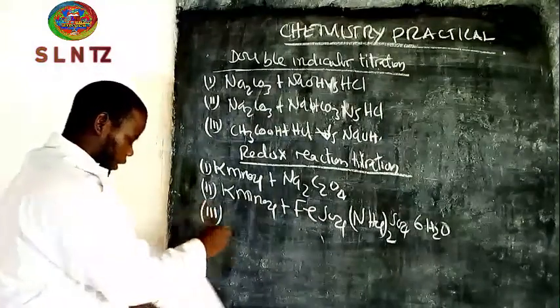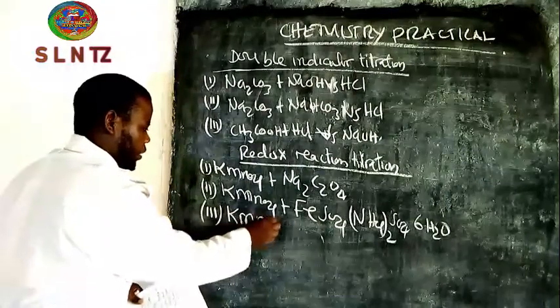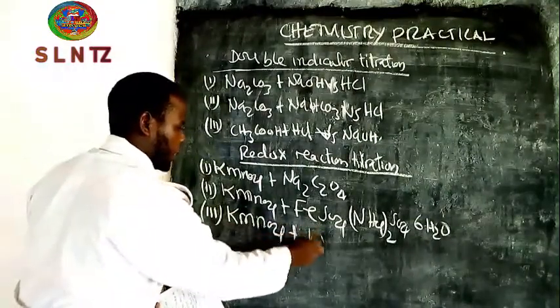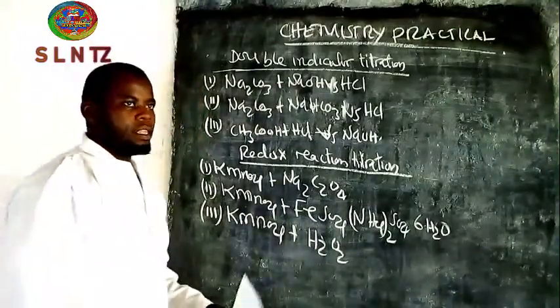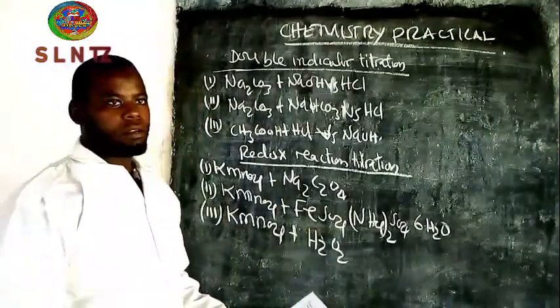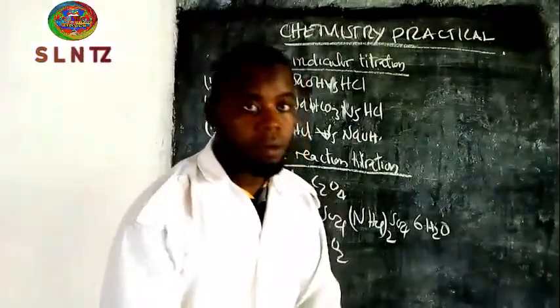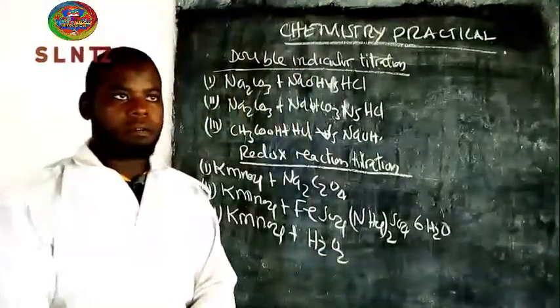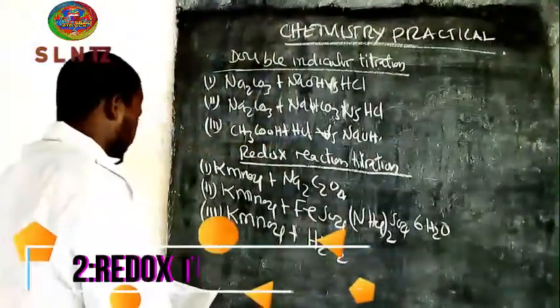Number three, in redox titration, you have to concentrate on permanganate with hydrogen peroxide. I have taught this practical. If you have looked at our videos, our lessons, I think you have got it, and make sure you revise to understand it.